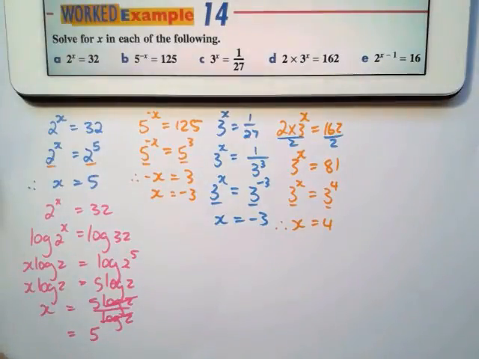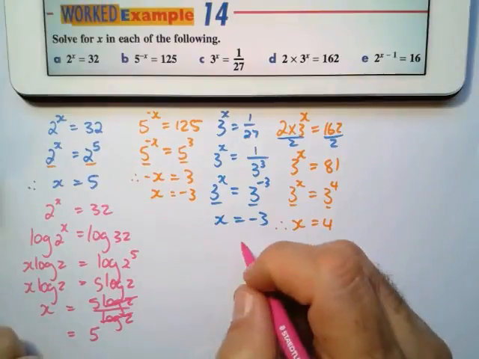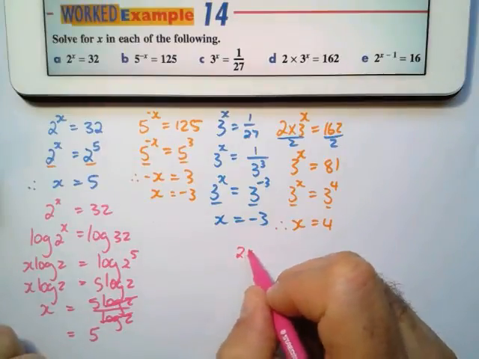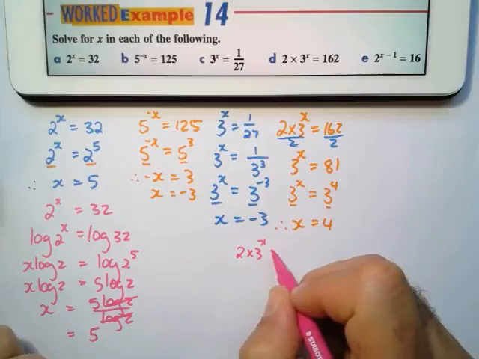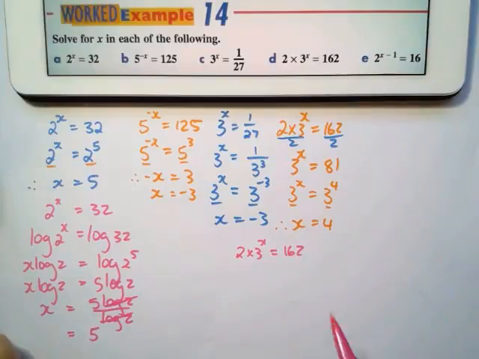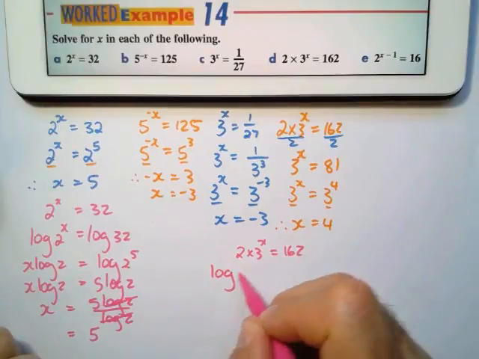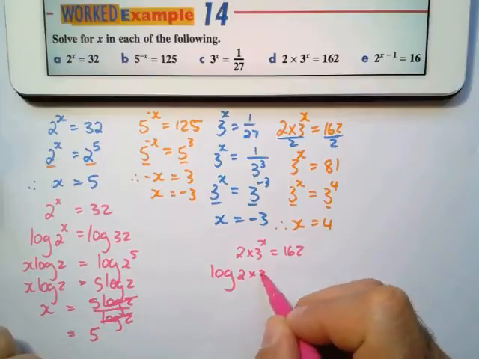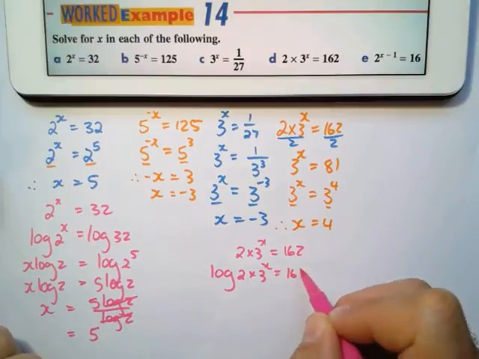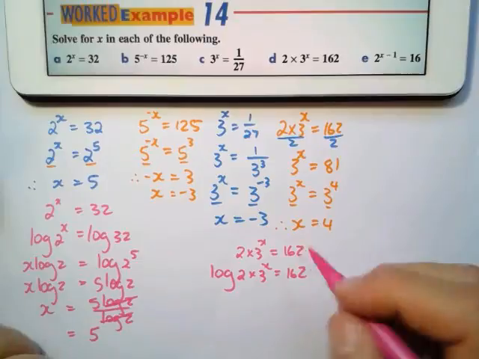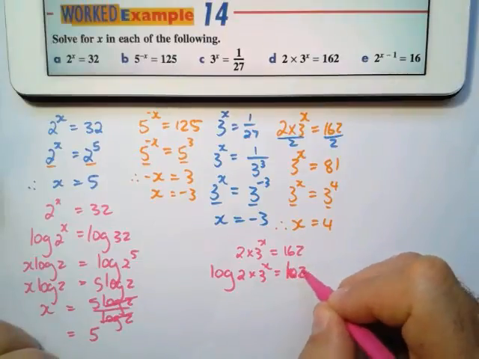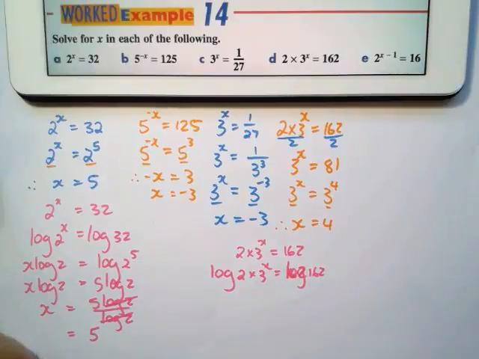If you wanted to do this with log, I'm going to show you. If I have 2 times 3 to the power x equals 162, and I take log on both sides, there needs to be a log there. So that is log of 162.